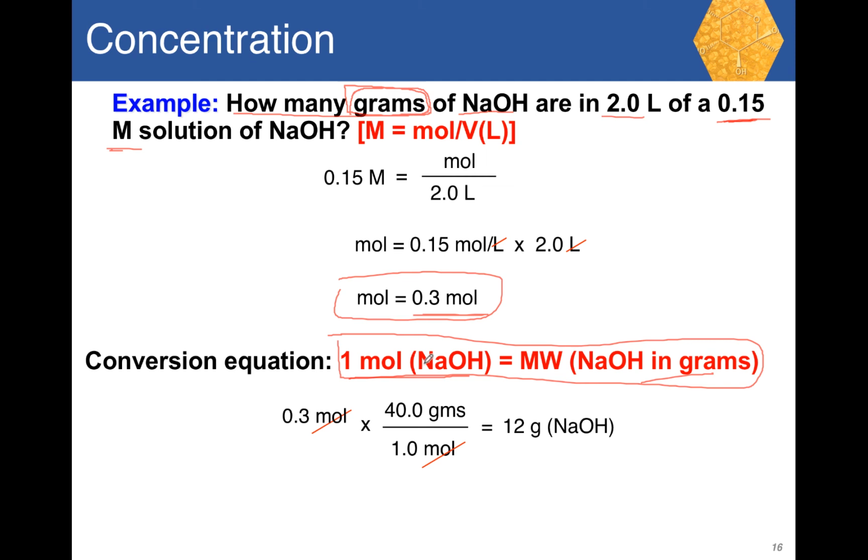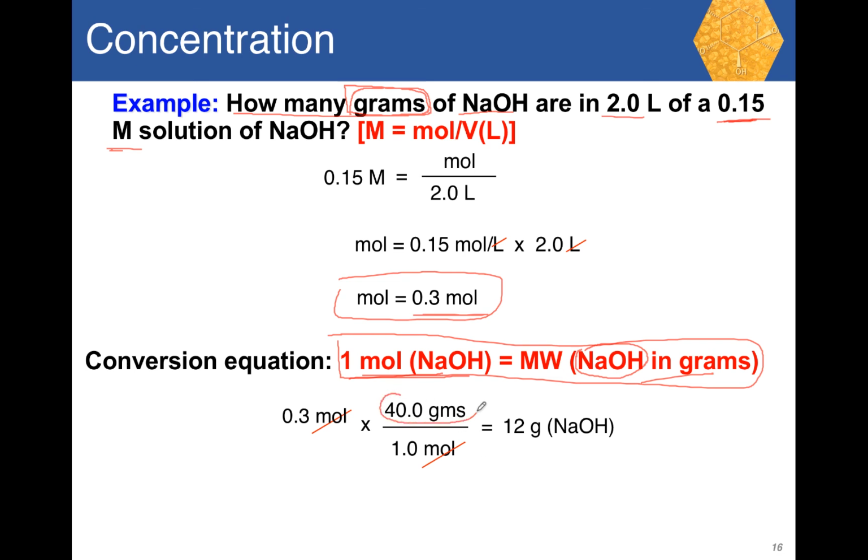1 mole of anything is equal to the molecular weight of anything in grams. In this case, 1 mole of NaOH is equal to the molecular weight of NaOH in grams. So you'll have to get your periodic table and your calculator and determine the molecular weight of NaOH and use this equation here to calculate the number of grams.